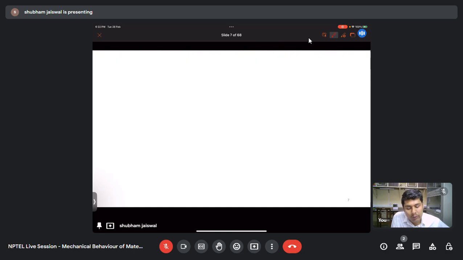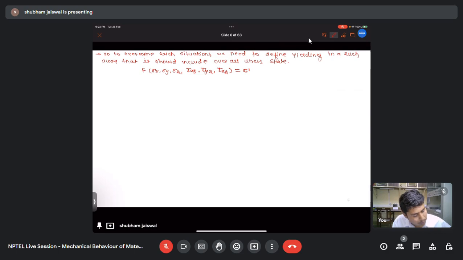Otherwise, yielding will not take place. So if we talk in terms of principal stresses, it is a function of sigma 1, sigma 2, sigma 3 equal to a constant, let's say C.